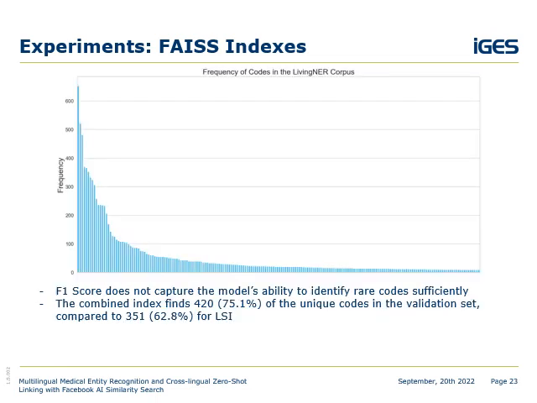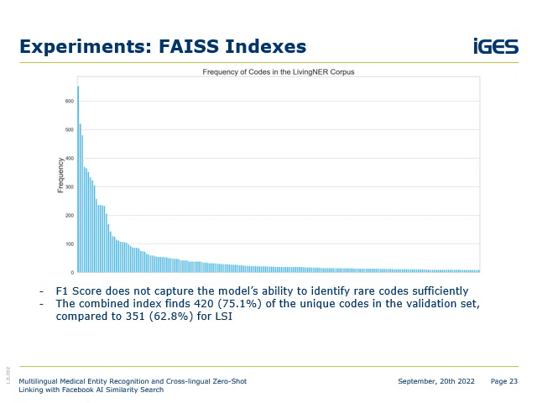However, the F1 score is not very good at capturing a model's ability to identify rare codes. In this graphic, we can see the distribution of codes within the training data. There are only very few codes that make up the majority of linked entities, and then there's this very long lagging tail of entities that appear very rarely, most of them only once.